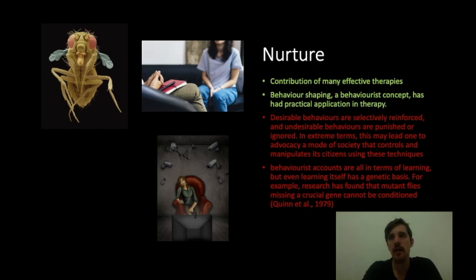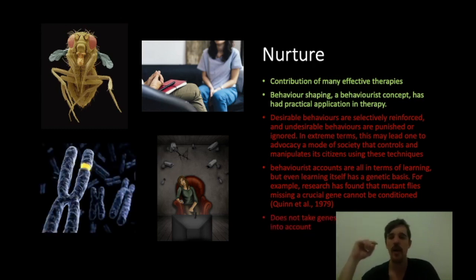They will be more likely to create their environment. So you can't really argue that it's environmental, because maybe it's their biology which is informing their environment. And lastly, it doesn't take into account genes and biological predispositions.